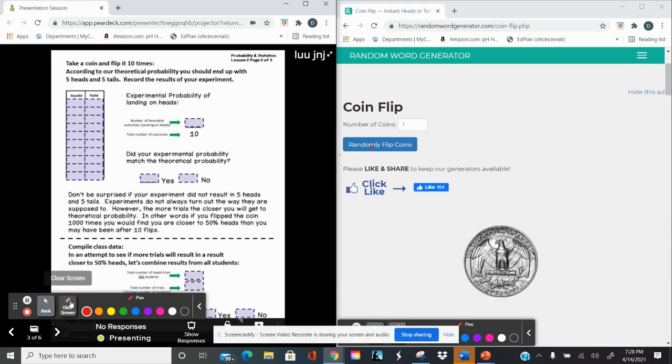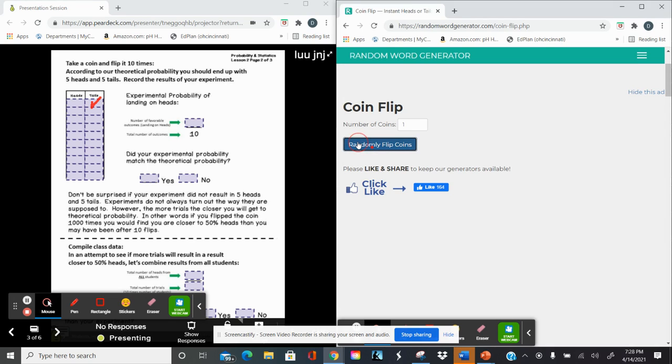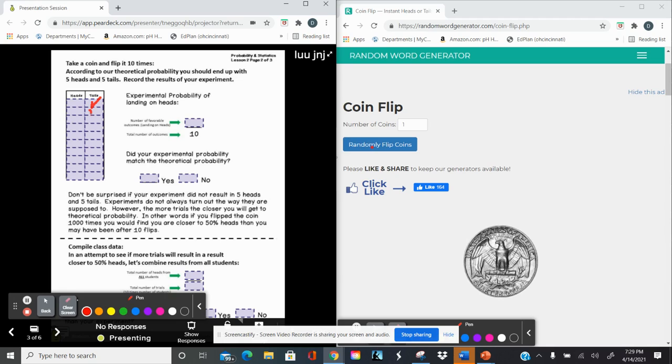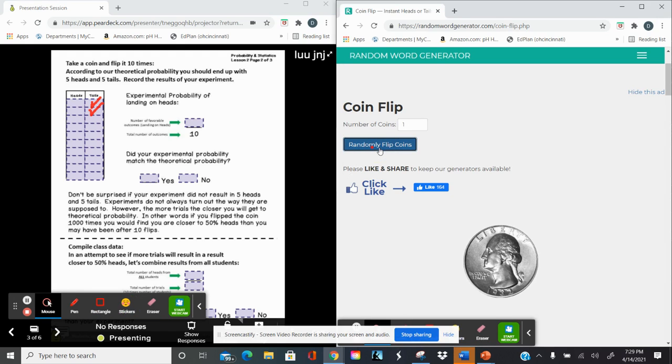Okay, we have tails. So we're going to put 1 for tail. Now let's try to flip it again. Okay, tails again. Okay, we got heads this time.